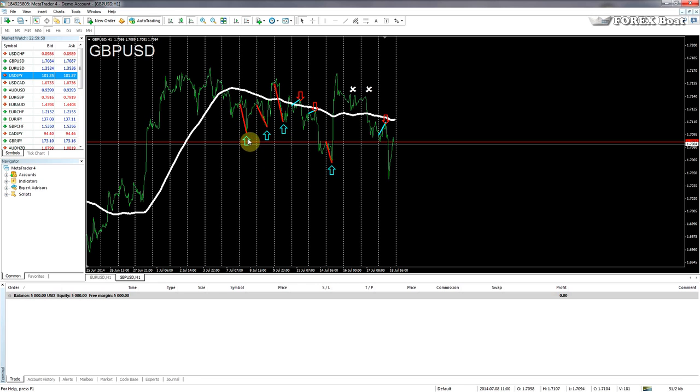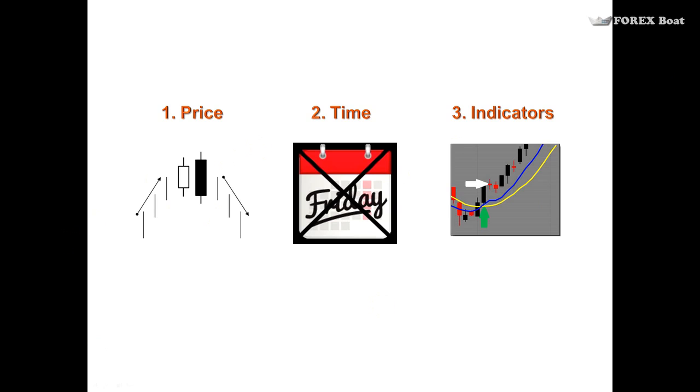So it is legitimate that we're creating buy orders below the moving average, because we want to catch this retracement movement that we've observed. And so that's basically it. That's how our strategy played out, and it's ticked all three of these boxes: price, time, and indicators.